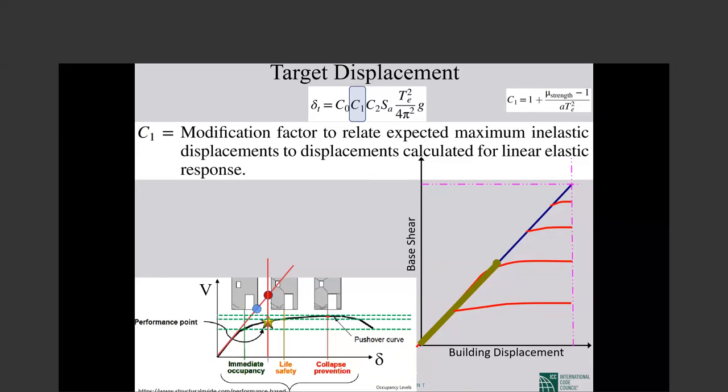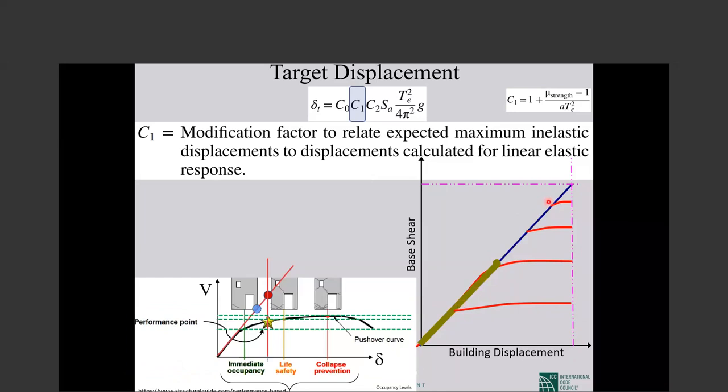So the idea is, if the building behaves elastically, and this is the maximum displacement under elastic behavior, if we reduce the strength of the building, what will be the maximum displacement of that reduced strength one?